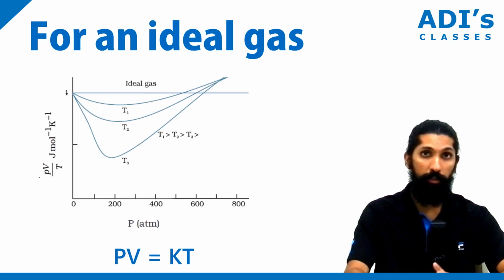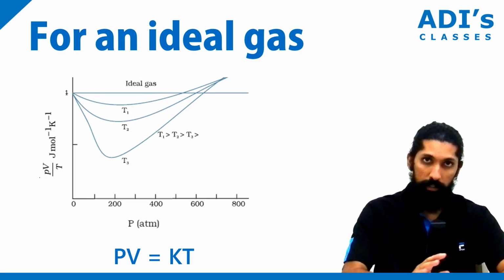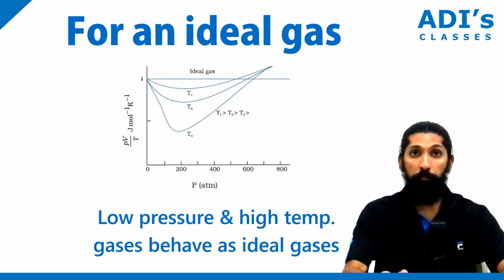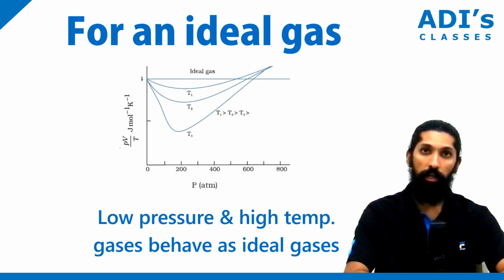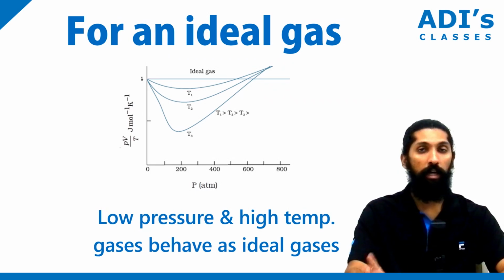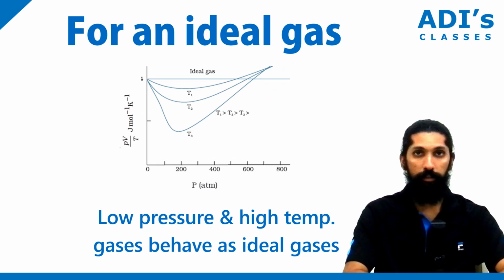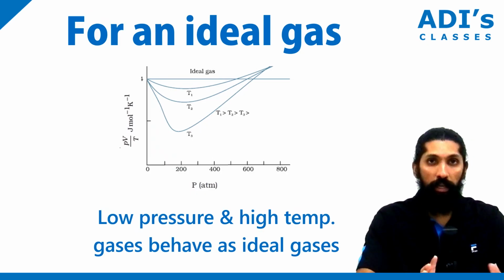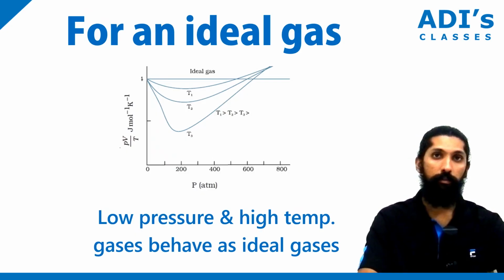PV is equal to K into T. So that PV is equal to K into T basically tells us that at low pressure, high temperature, any normal gas you take behaves like an ideal gas. Look at the graph and you can figure it out very easily. This is basically the ideal gas and any other normal gas behavior. Okay, the normal gas will behave like an ideal gas, correct?